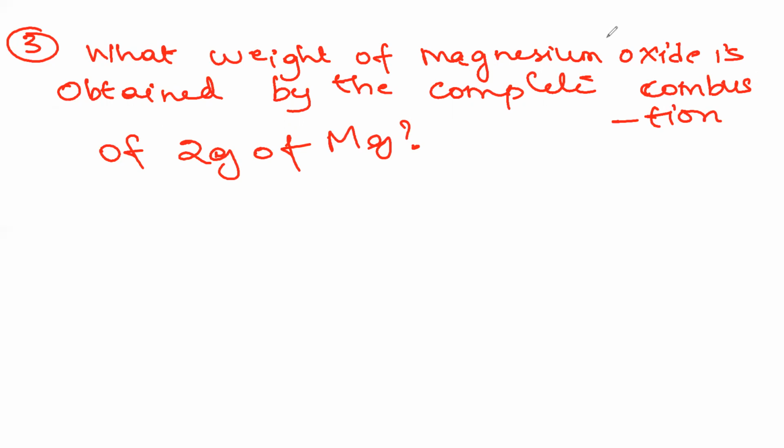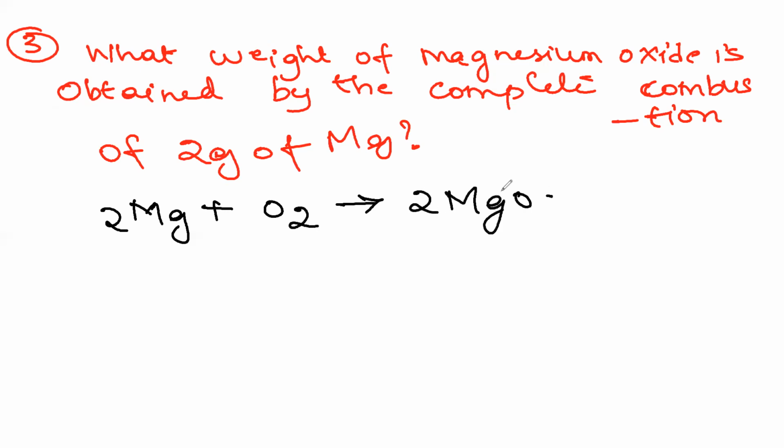Magnesium when burnt in oxygen forms magnesium oxide. So 2Mg plus O2 gives rise to 2MgO.